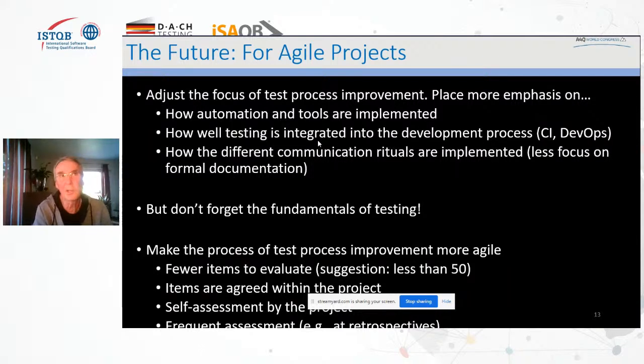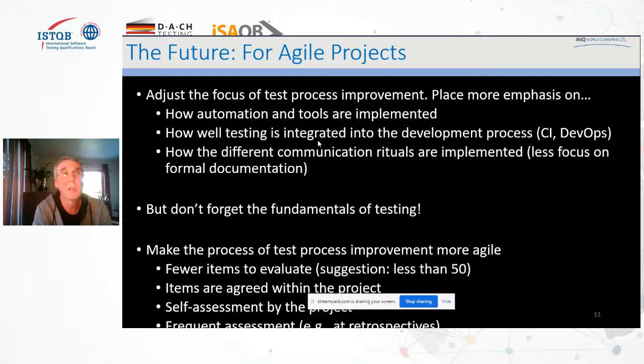You could consult one of these models like TMMI and say, is this for us? Is this important for us? Let's think about it from our project as a group. Let's collaborate on agreeing what the items are that we see as being important for our project for its testing.